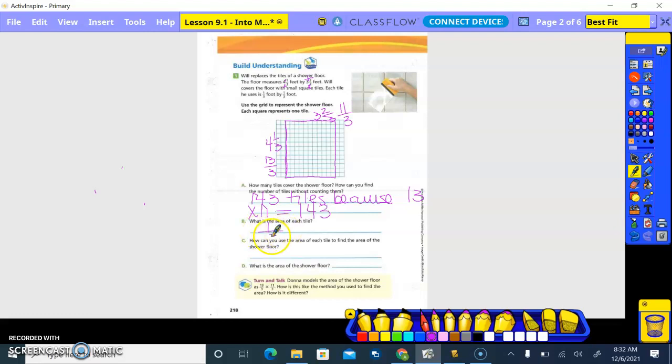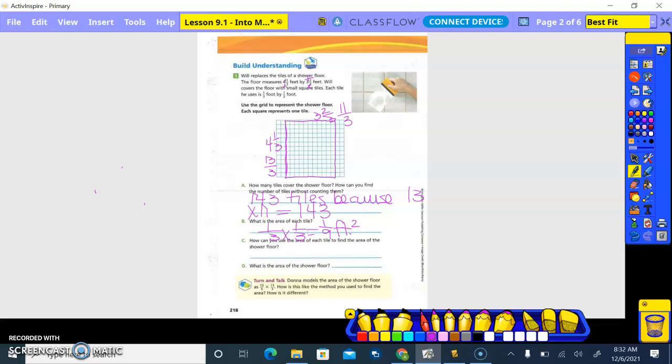So 1/3 times 1/3 equals what? Equals 1/9 feet squared, right?